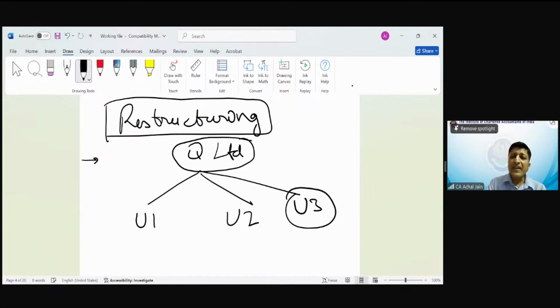Unit 3 has been making losses significantly year on year. So that's why the company plans to discontinue this. So this is what you call restructuring. Discontinuance of any lines of business, changes in the organization structure, changes in the management. There could be any sort of restructuring which is possible in case of an entity.